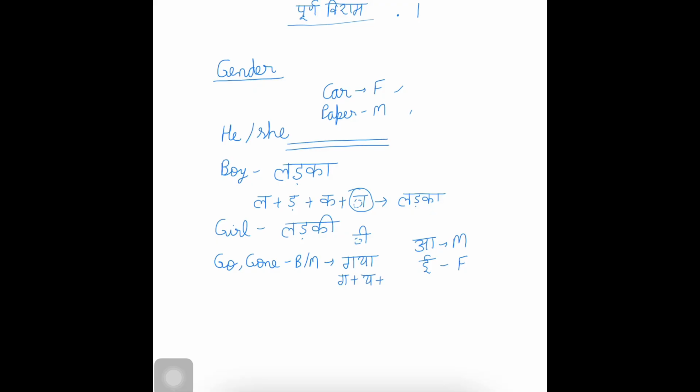Go, yo, plus a की मात्रा, which translates as gaya. Now, if a female speaks the same word gone in a sentence, she will not use gaya.